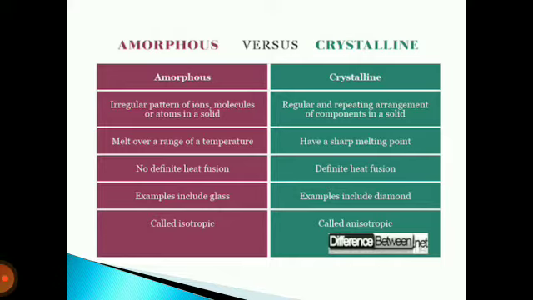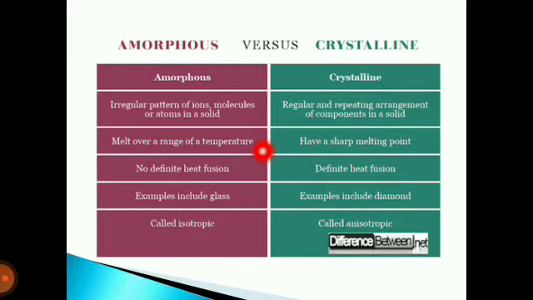Let us distinguish between amorphous and crystalline solids. As per the definition, amorphous solids have an irregular pattern of arrangement of ions, molecules or atoms, whereas crystalline solids have a regular repetitive arrangement of their constituents. Amorphous solids do not have a specific melting point.